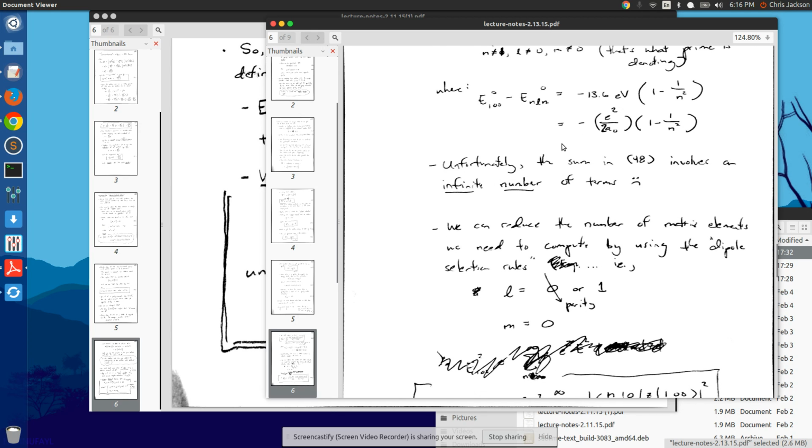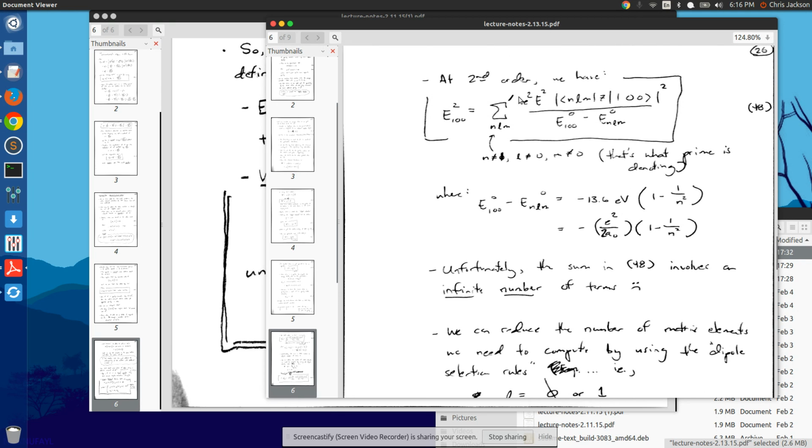The minus sign always kind of trips people up when you're talking about these bound states. So if you get confused, just stop the video and try to convince yourself. Maybe even draw a picture of what the energy scale is going to look like.